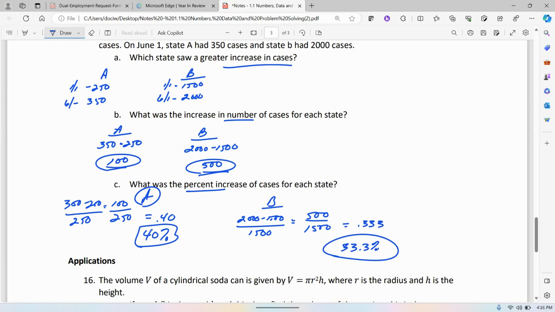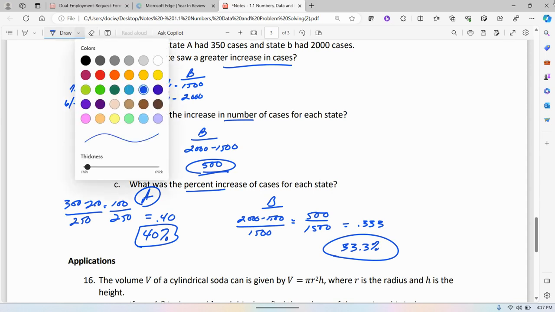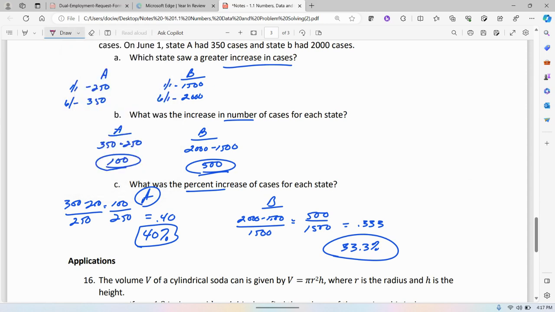So this is a case where people can argue, right? Who had the greater increase? State A is going to argue State B had the greater increase. State B is going to argue that State A had the greater increase, depending on whether I'm comparing the number of cases or the percent increase. Okay, so you want to be able to compare both.